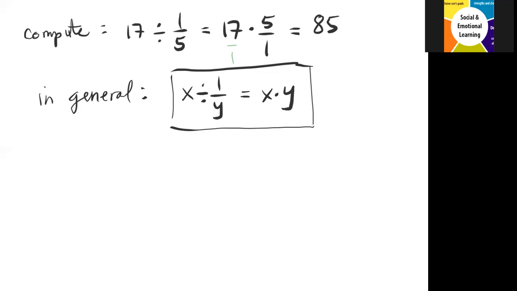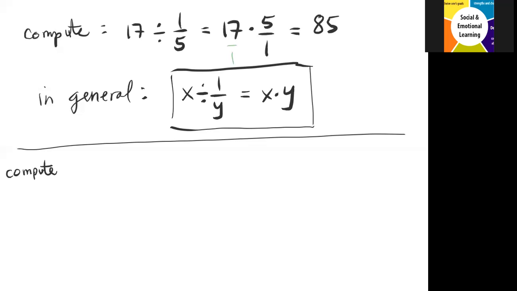I'm just looking at some division and negation here. A lot of rules. So let's compute 12 plus 18 divided by 3.